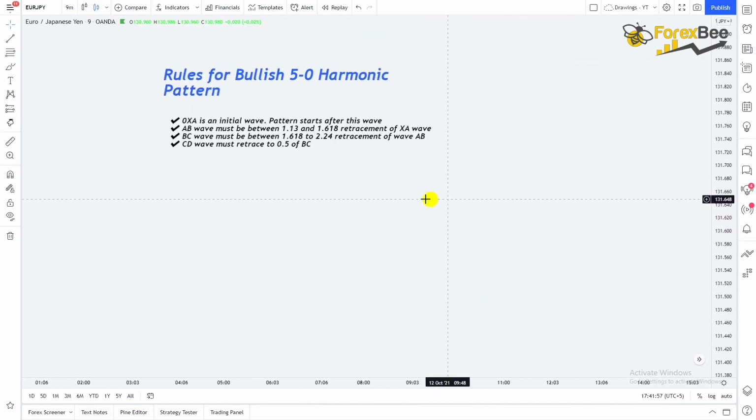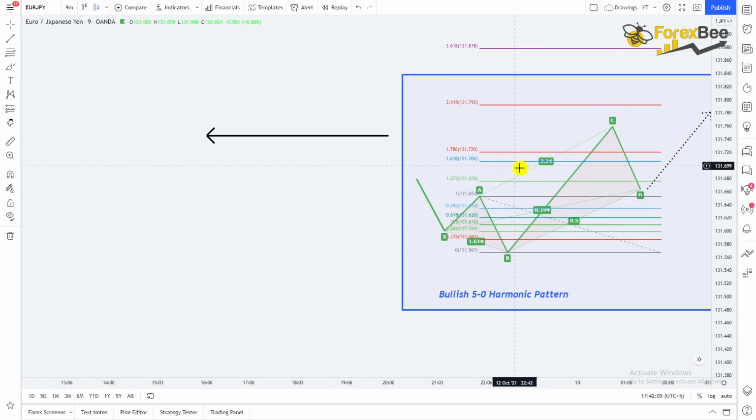The rule said that our BC wave must be between 1.618 and 2.24. Here we can see that it is at 2.24, which is valid. So this BC wave is a valid wave.